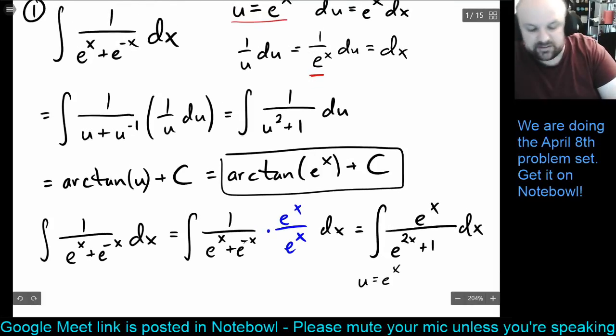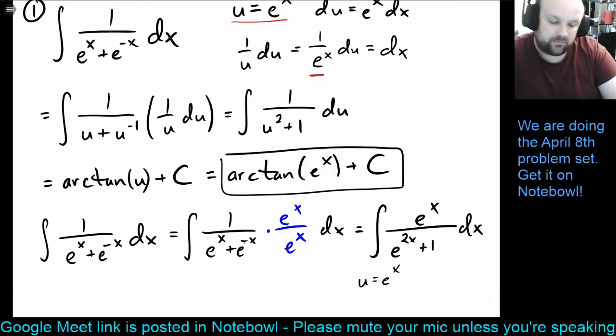In the first approach, the substitution ends up getting rid of it, whereas in the second one, we explicitly do it ourselves first, and then do the integral. But either way, we end up here. All right, any questions about that one at all?